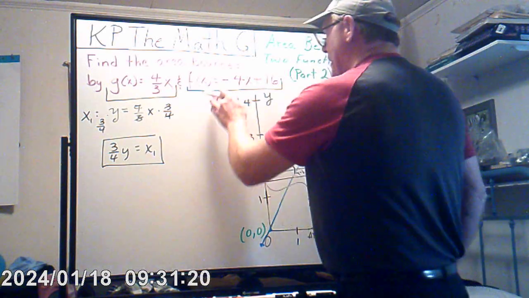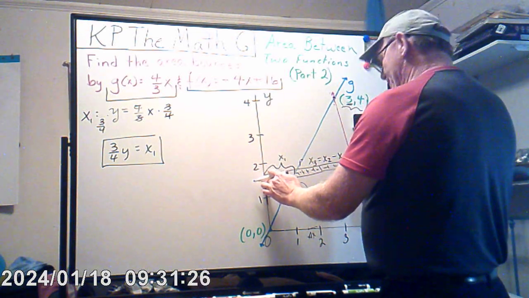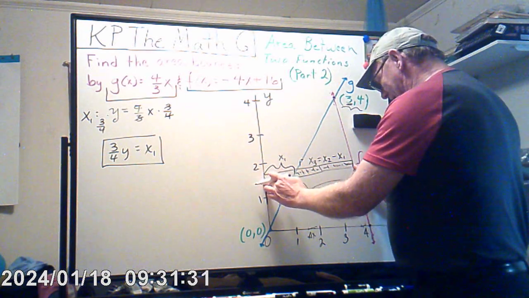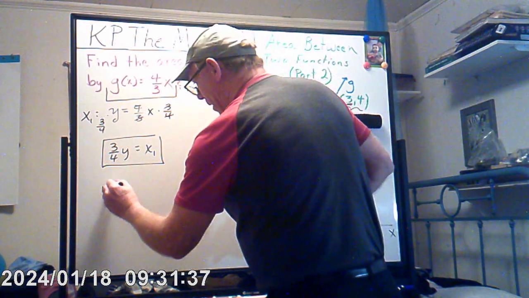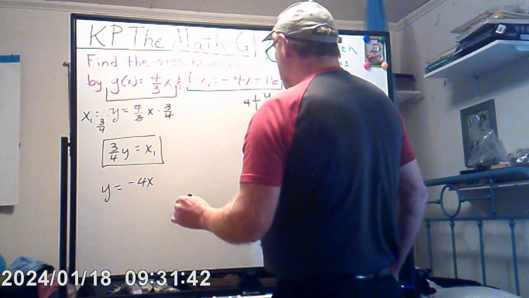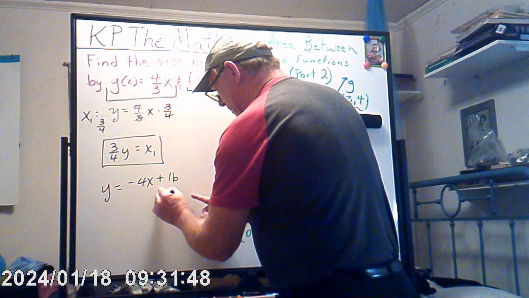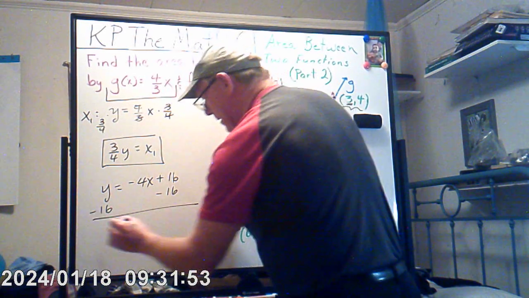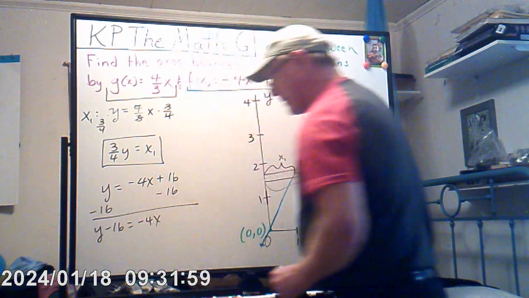I want this one here solved for. This entire length is going to be f. So this is x2. Y is equal to negative 4x plus 16. If I subtract 16 on both sides, I have y minus 16 is equal to negative 4x.